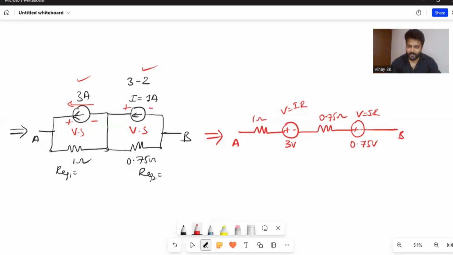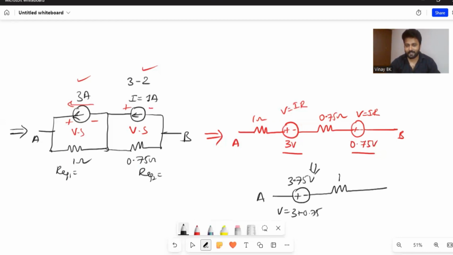So now the 3 volt source and the 0.75 volt source have the same polarity, so the equivalent value of this voltage is obtained by adding these two sources: V equals 3 plus 0.75, that is 3.75 volts, in series with R equivalent 3, that is nothing but 1 plus 0.75, that is 1.75 ohm.